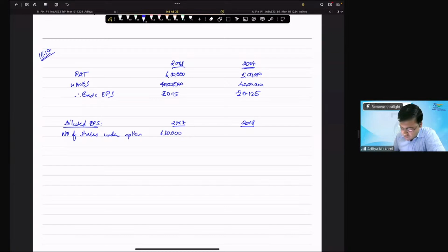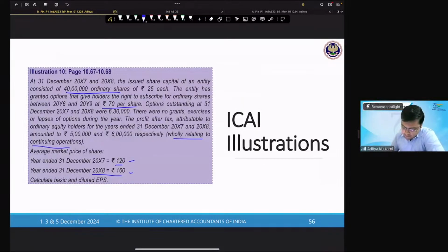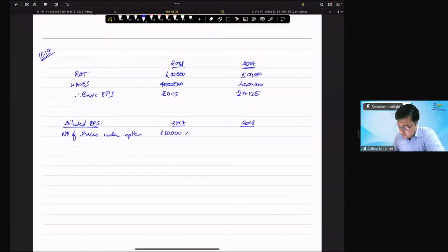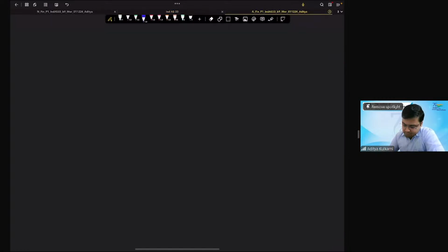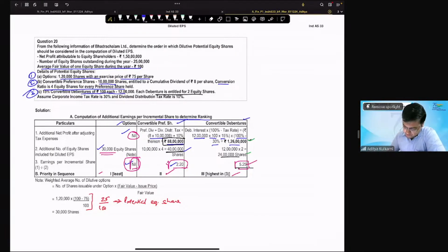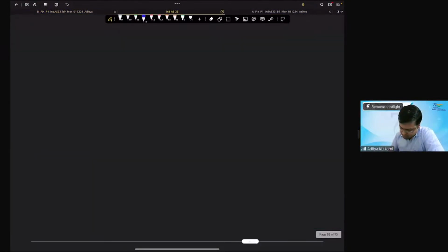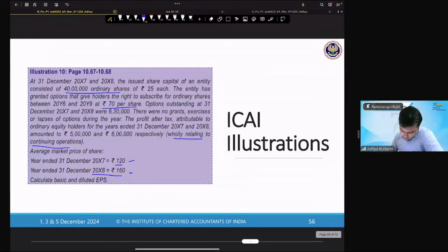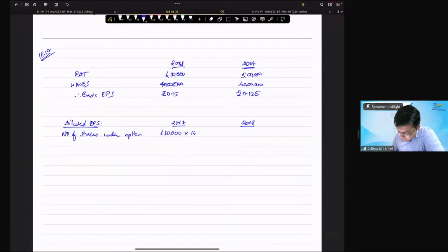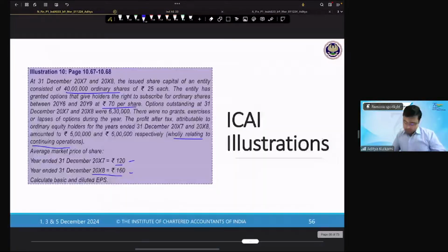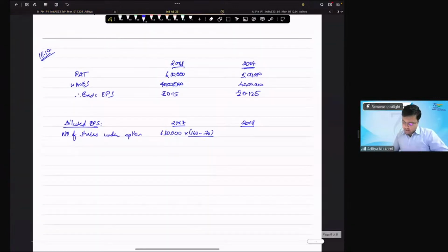So number of options 6,30,000 multiplied by price. 20x8 है ना ये, so this is 160 minus 70, correct, divided by 25. Any doubts here? I hope I'm doing it correctly.